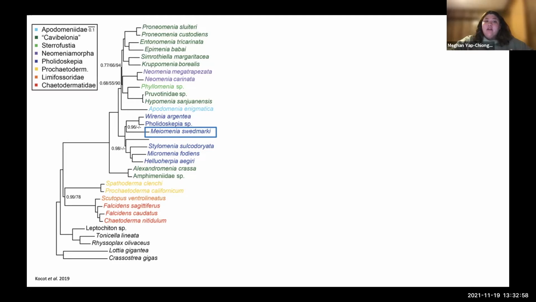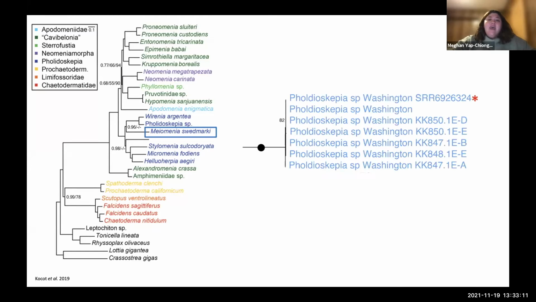However, when I started doing this work, we started seeing that there are two different species at the type locality of this Meiomenia swedmarki, where Kevin had collected this animal for this transcriptome. So we were like, let's make sure that this is what it is. And it turns out it wasn't, that the animal included in this analysis was actually a different species and not actually Meiomenia swedmarki. So this transcriptome tree actually lacked any representation from the family as a whole.